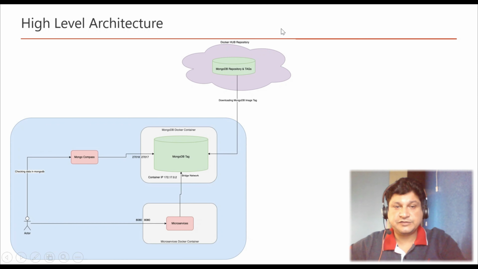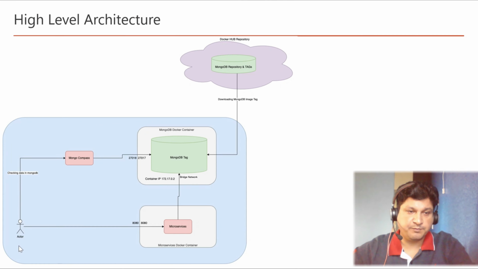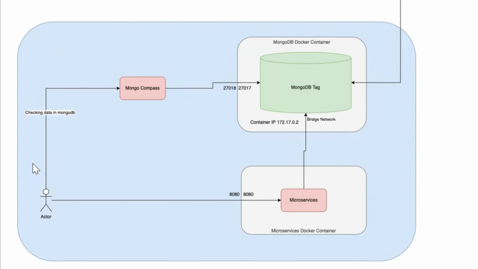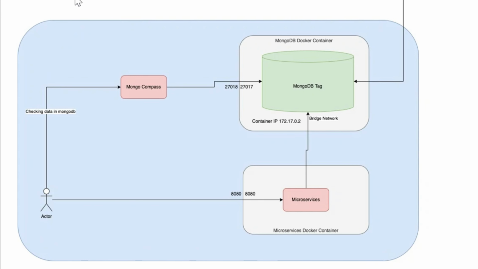Okay, friends. So before we jump to implementation and coding, let me explain what we are trying to achieve in this tutorial today through an architecture diagram. If you see, this big blue box is my machine, my local host machine. And in that I have two containers.